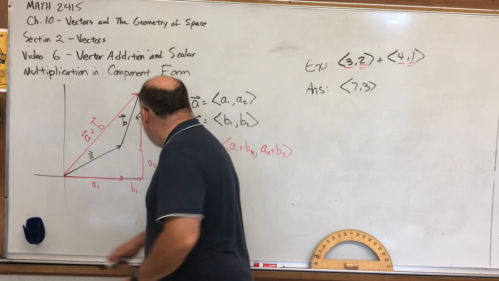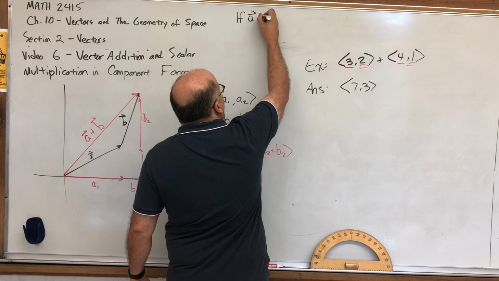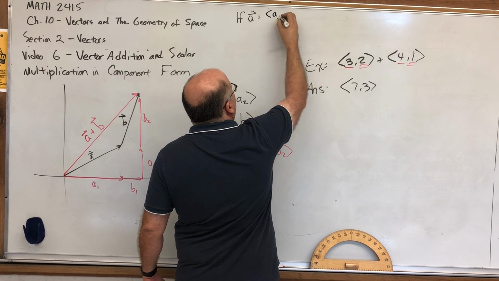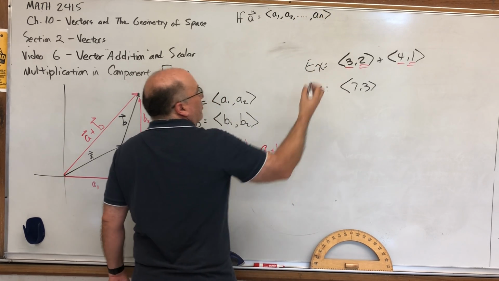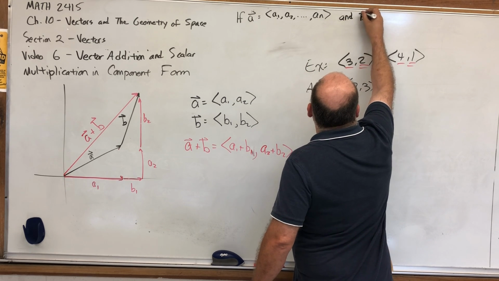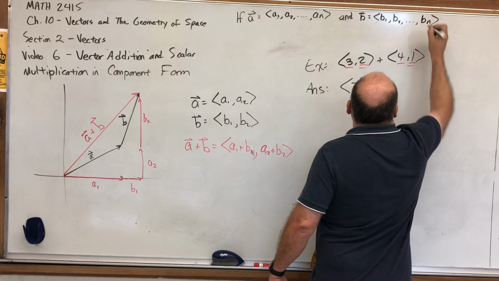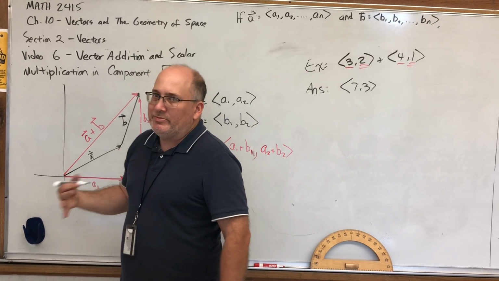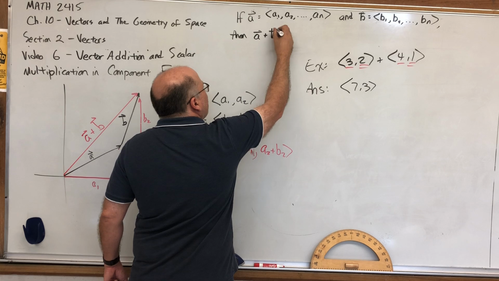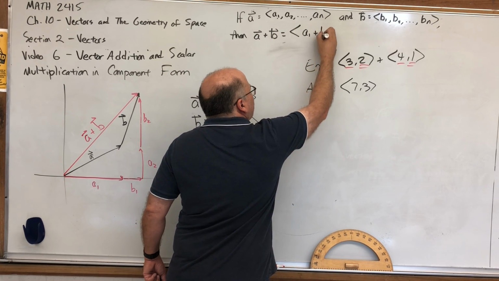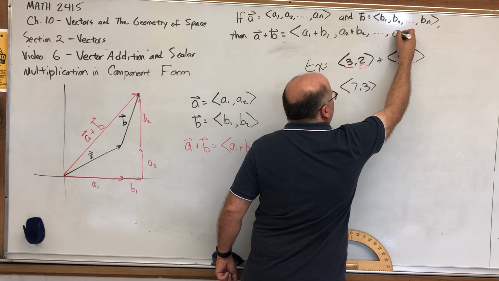In general, you could say that if vector A is equal to A1, A2, through An, however many dimensions you want, and vector B is equal to B1, B2, through Bn, same dimensions, you can only add vectors in the same dimensions, by the way, then A plus B is equal to A1 plus B1, A2 plus B2, through An plus Bn.